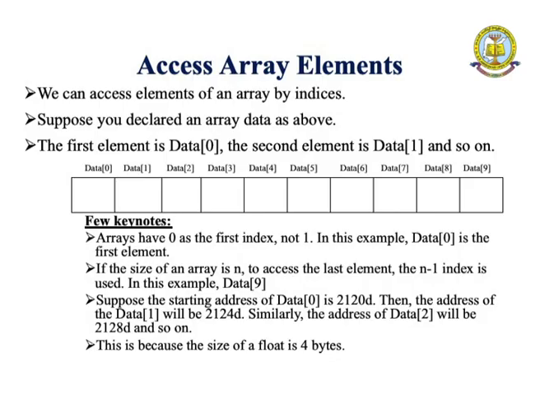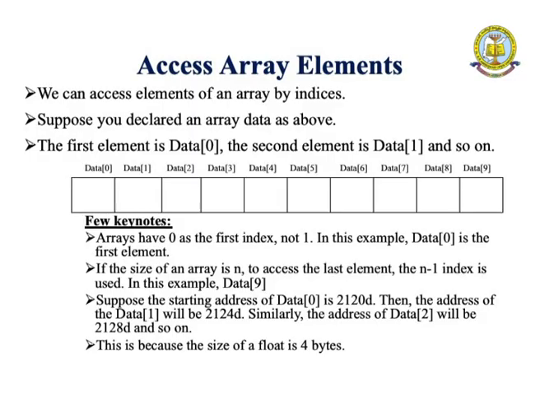What do you mean by index number? There are two important words in the array. The first one is element, that means the data value which is stored in the array. And index is the identifying position of a particular element in the array.